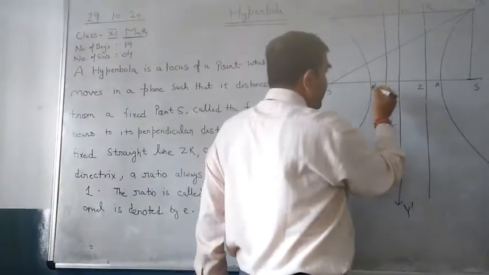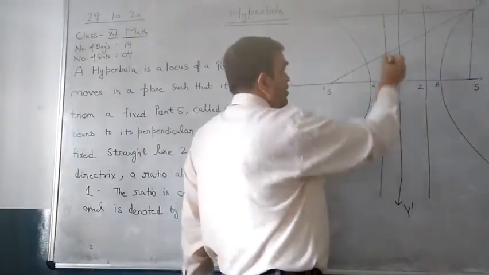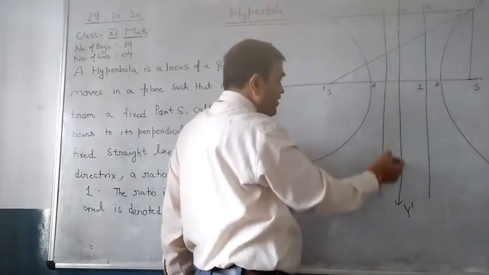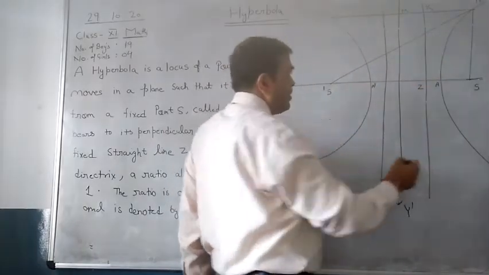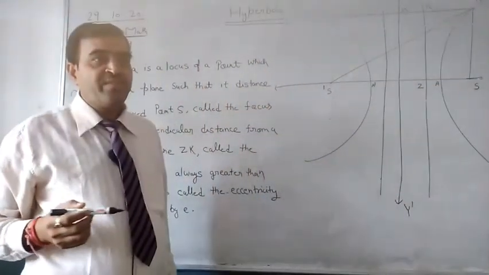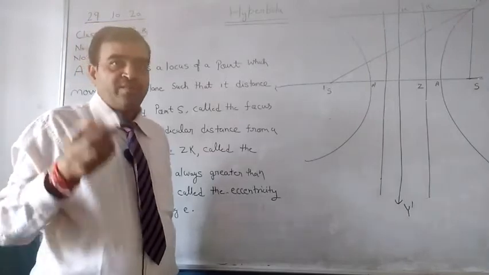A and A dash are the vertices. This straight line and this straight line are called the directrices of the hyperbola.